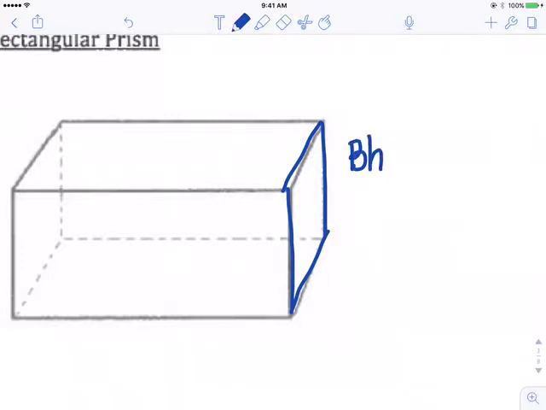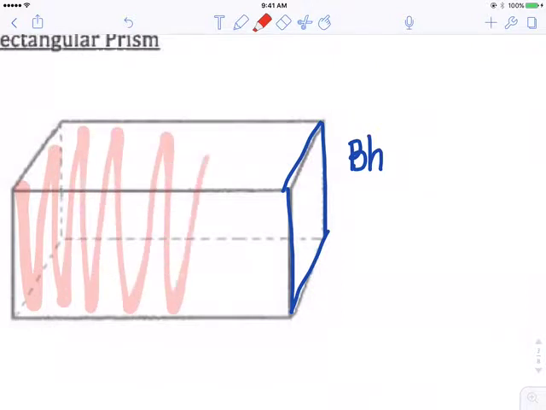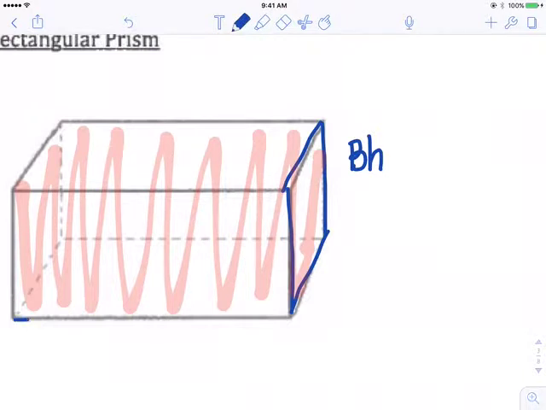And if we wanted to find just the area of that base, we would say we're going to find base times height. But because we want to fill up this whole rectangular prism, so it'd be like we were filling it up with water, we have to actually include our length in the volume. So when we include the length, our actual formula becomes volume equals length, we're going to change that base to a width, and then we're going to keep the h for height.